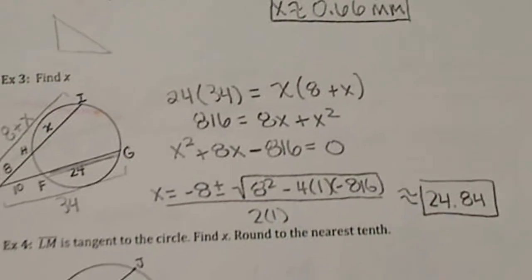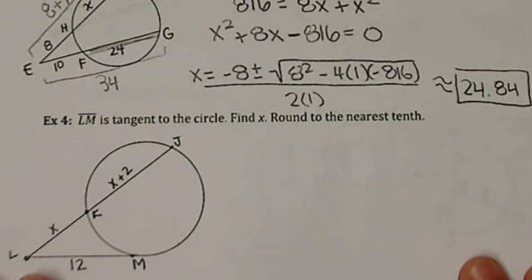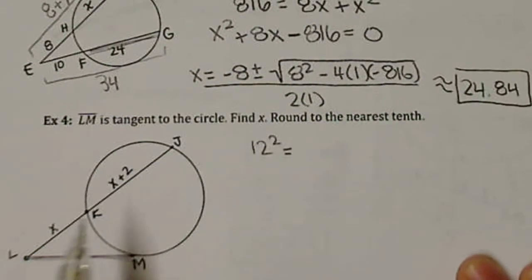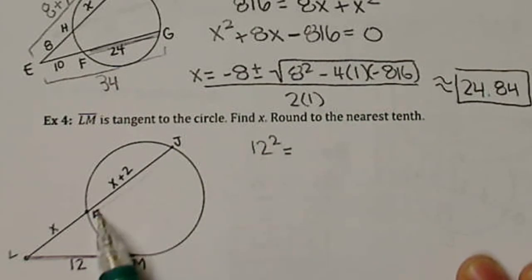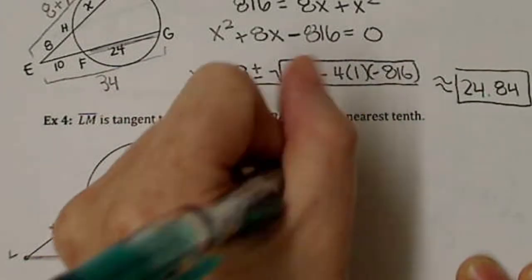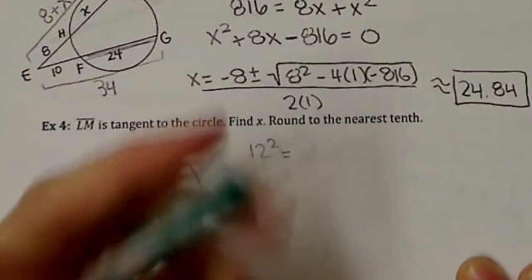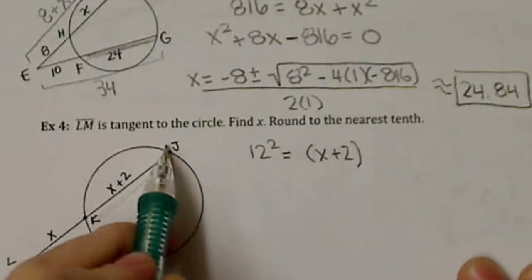Okay? Last example, number 4. LM is tangent to the circle. Find x. So this is our last theorem. Remember we said that the tangent line, if we square it, it's going to equal the secant part, JK, which is x plus 2, times the whole length.